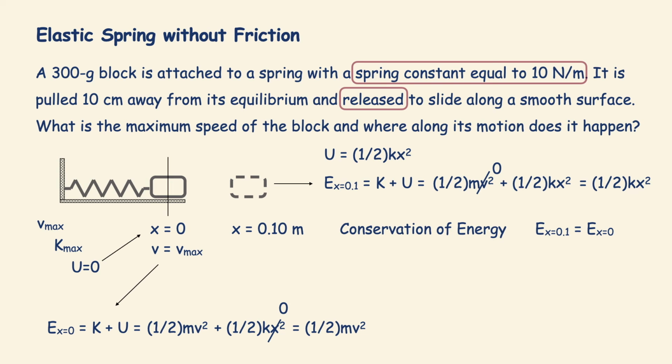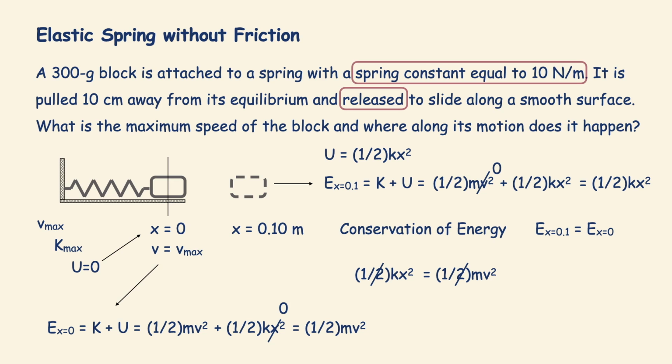The principle of conservation of energy sets up that the two energies have to be equal. In other words, E at x equal to 0.1 has to be equal to the energy E at x equals 0. In other words, 1/2 kx squared will have to be equal to 1/2 mv squared.